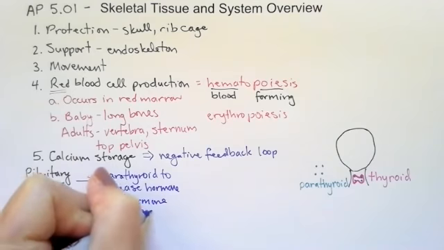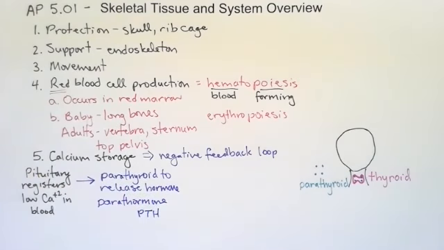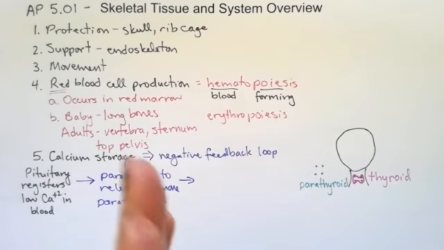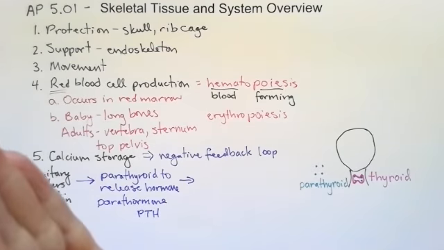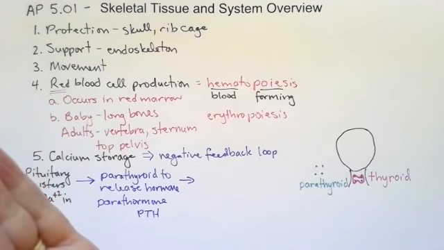This is more commonly called PTH. Remember, feedback loops keep homeostasis, and you need your blood calcium to stay at a certain level. So if it starts to go too low, your pituitary will say, okay, parathyroid, release this hormone.